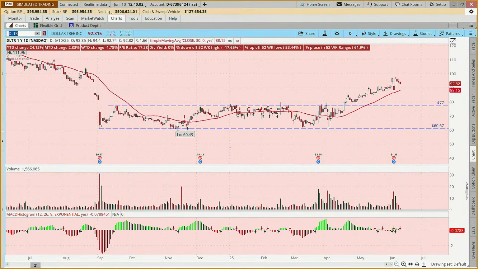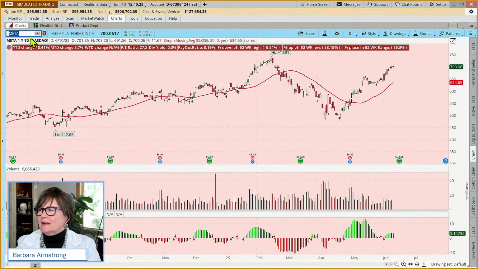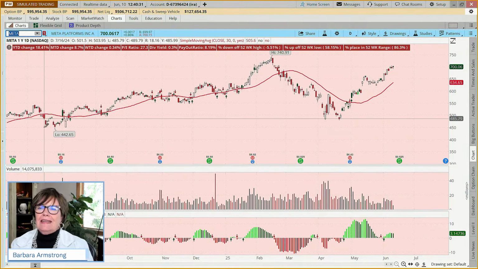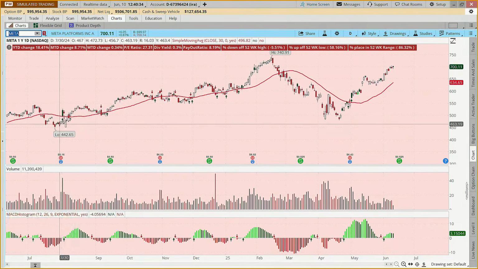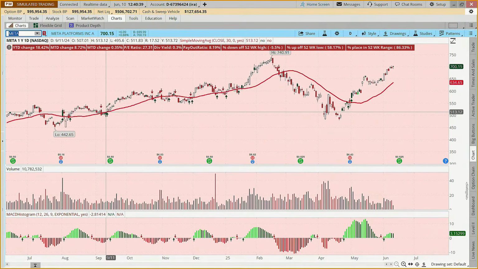What I encourage you to do is bring up the Dow 30, or any chart, and just practice looking at the MACD and then looking at the chart and saying, if I were to buy Meta, for example, and I was looking at it a year ago, when might I have gotten in and where might I have put my stop? So let's say you started looking at it and you bought it here.